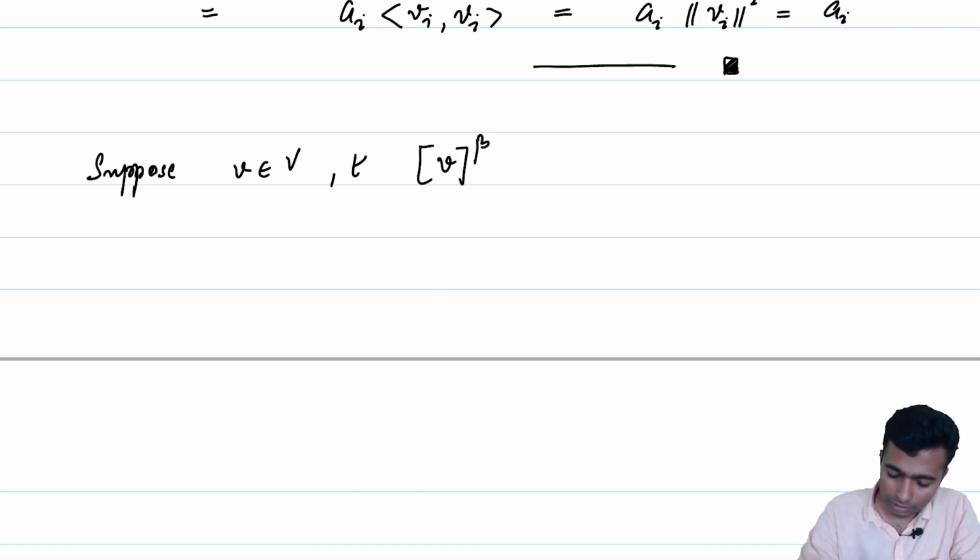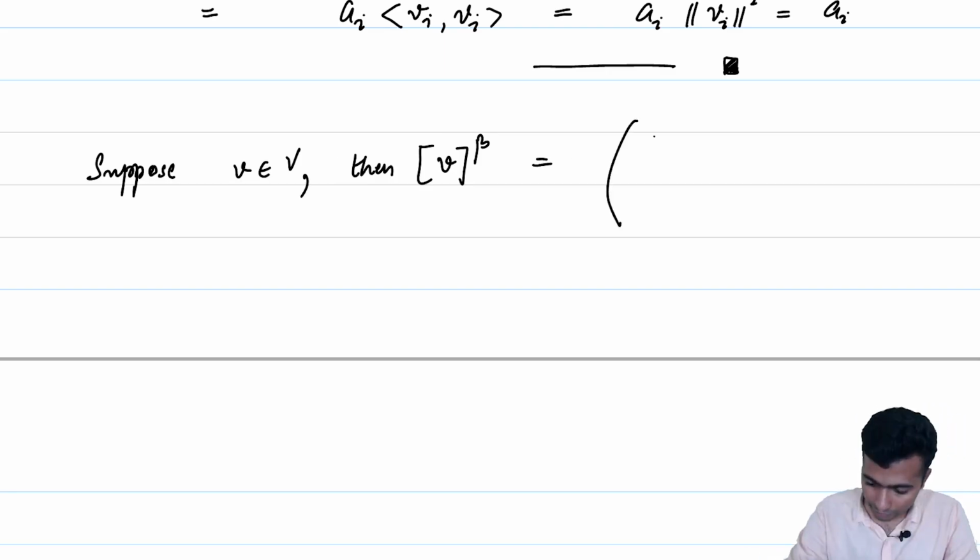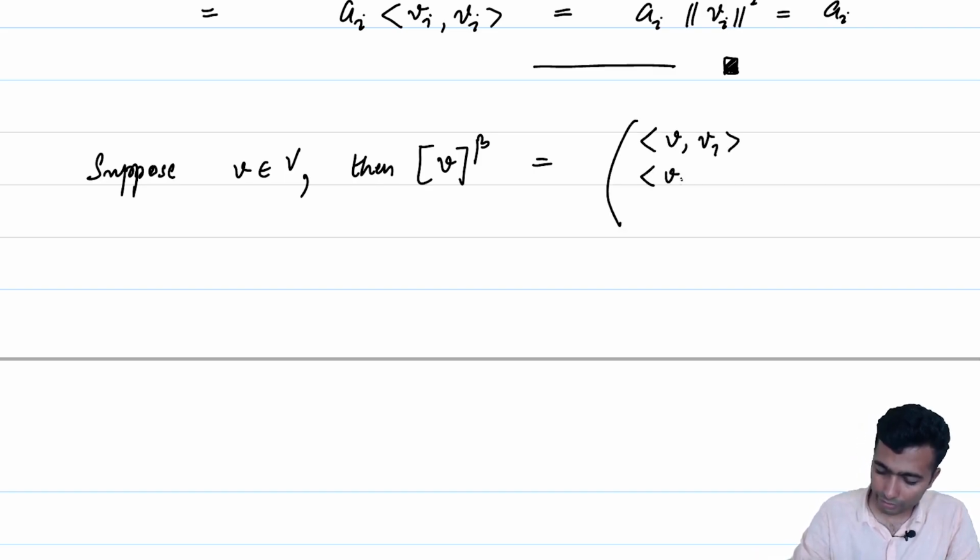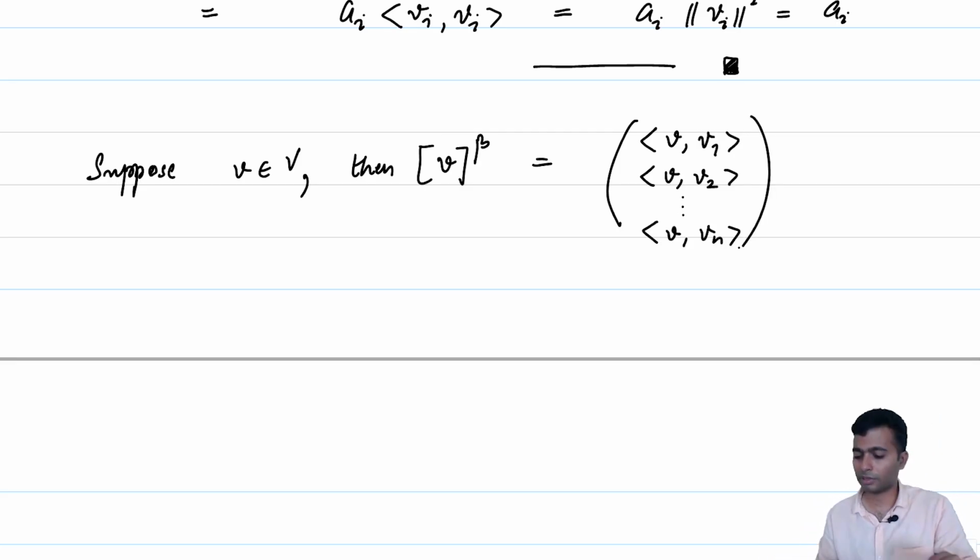Then this is just equal to the column vector given by the inner product of V with V1, V with V2, and so on, V with Vn. So we now have an explicit column vector representation of V with respect to beta.